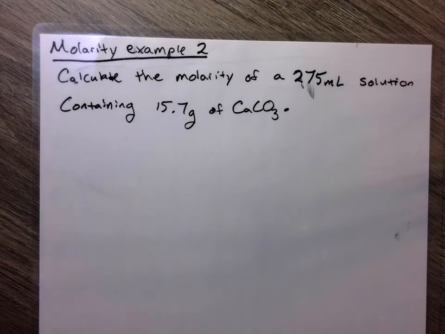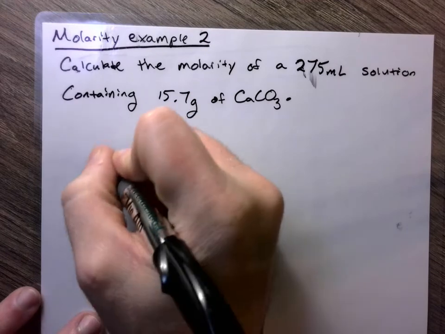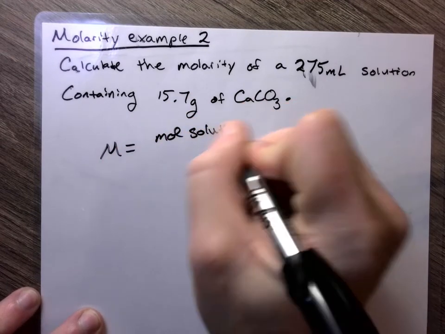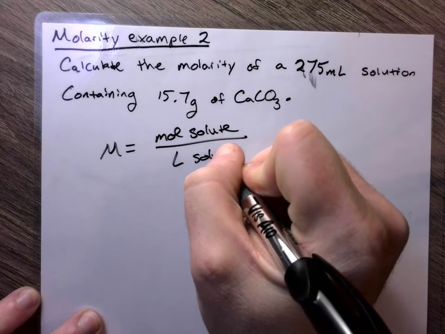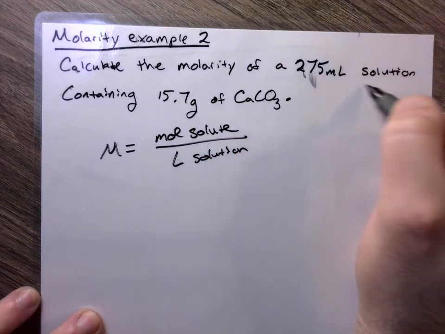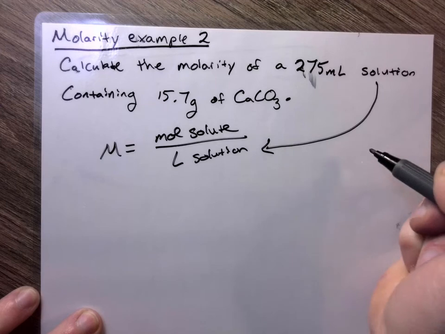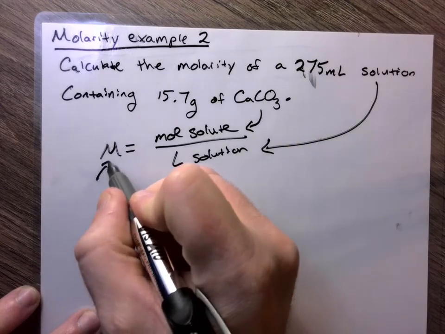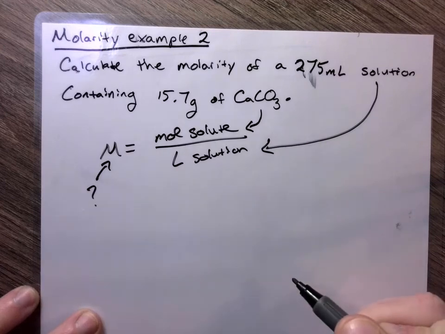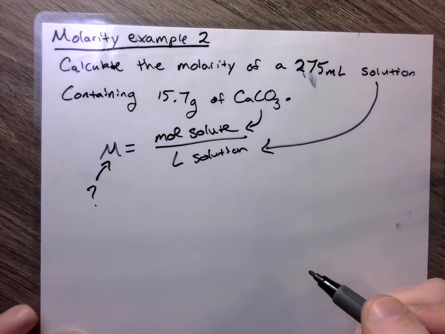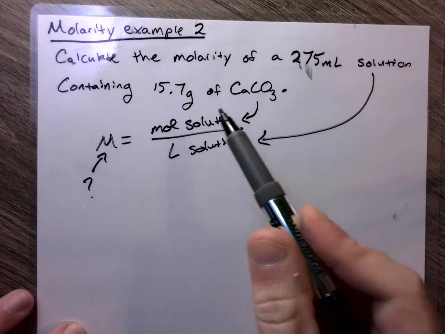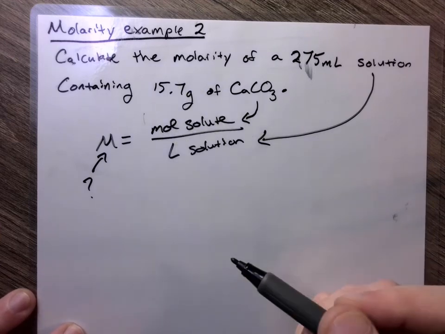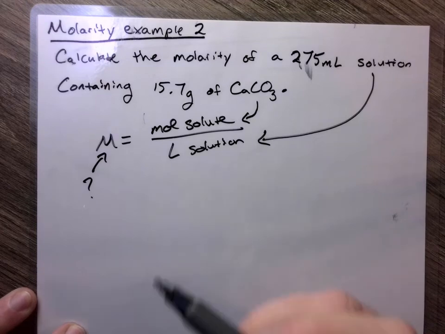So let's go to our equation. Molarity is equal to moles of solute over liters of solution. I have milliliters of solution. I have grams of solute. And I do not have moles. So I am going to take my 15.7 grams and get that in the form of moles.